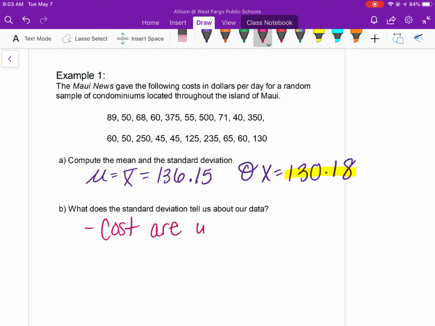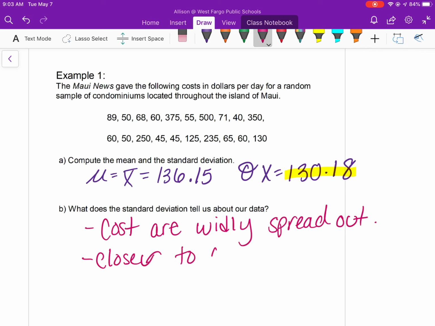The costs are widely spread out because the closer it is to 0, the more consistent the data is.